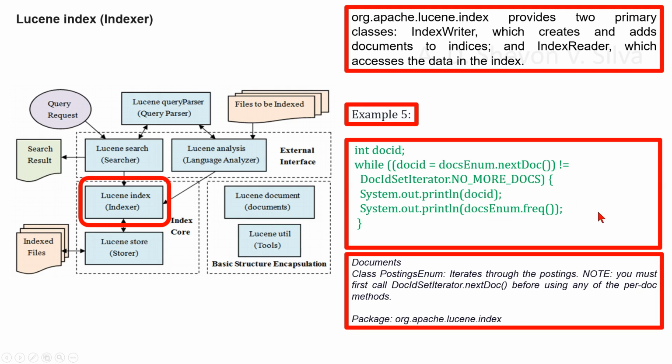This is in the package org.apache.lucene.index. The PostingsEnum is an extension of DocIdSetIterator that iterates over a list of documents for a term along with the term frequency within that document.